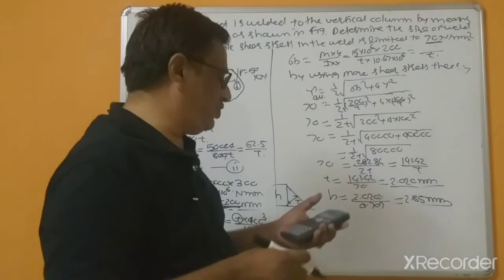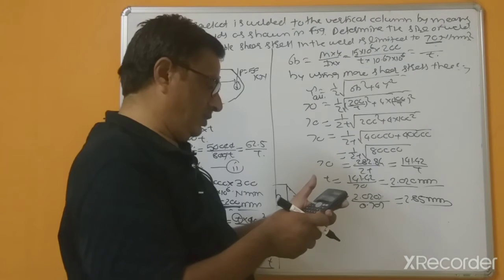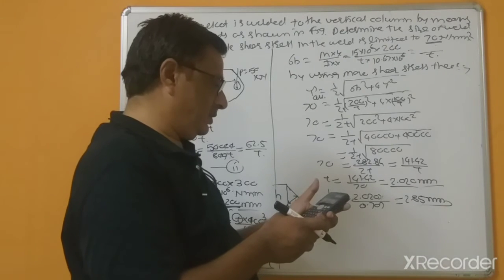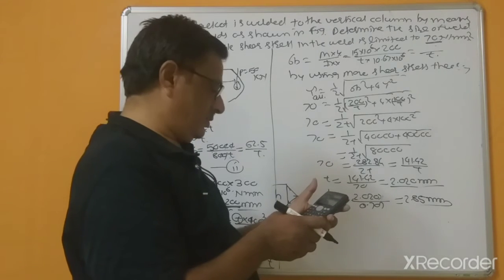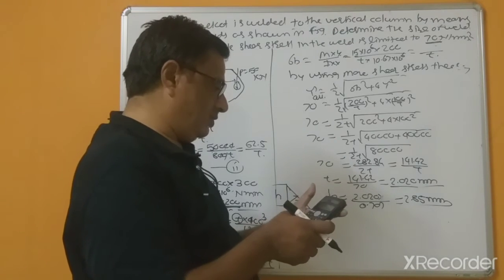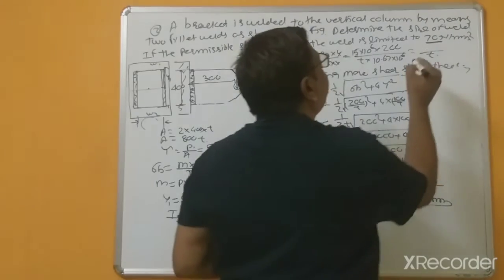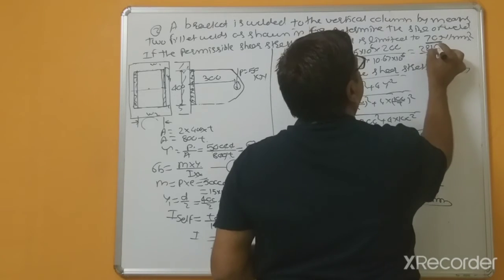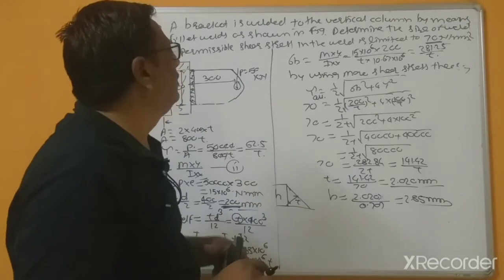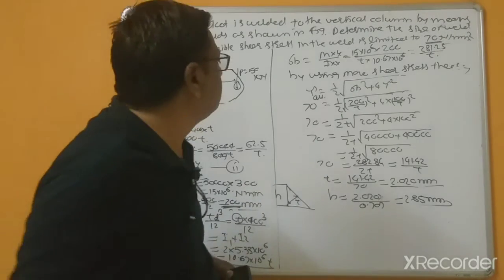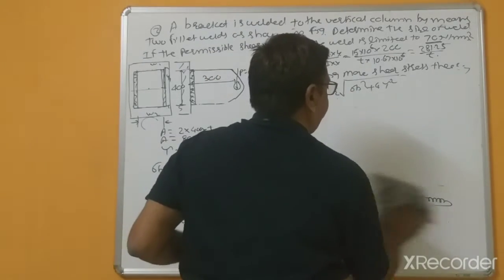That's why this value changes: multiplied by 200 multiplied by 15 multiplied by 10 to the power 6. This is equal to 281.25, and this is 62.5. Otherwise you may be confused, so I will erase this.